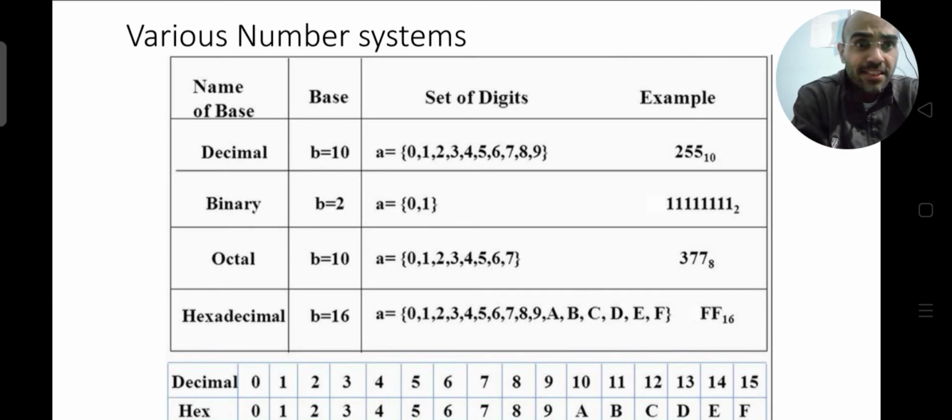Whereas the hexadecimal number system has 16 symbols in all, and the radix is 16. The symbols used are 0 to 9 as well as the alphabets A to F.